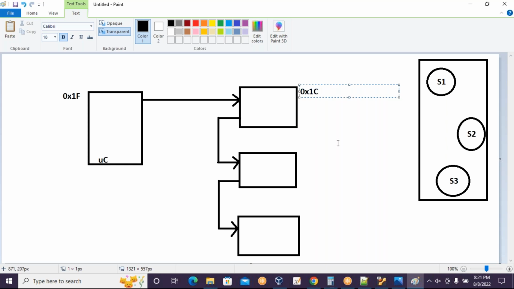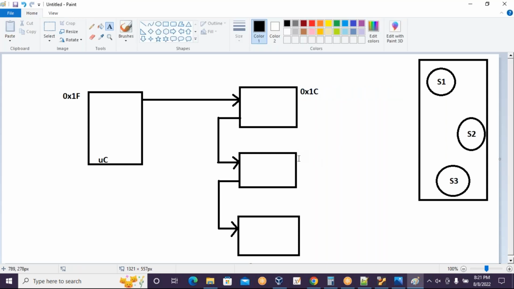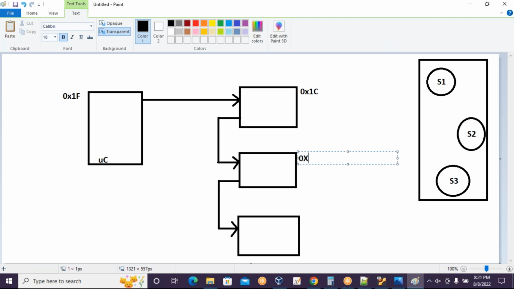Let's say this is having another data which has been present internally initially, maybe 0x11, and this one, let's say 0x2D. Just an example. So this is my master, this is my slave. I will just give you a simple example.